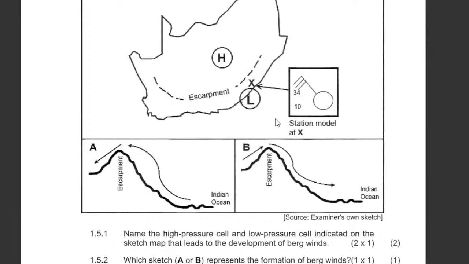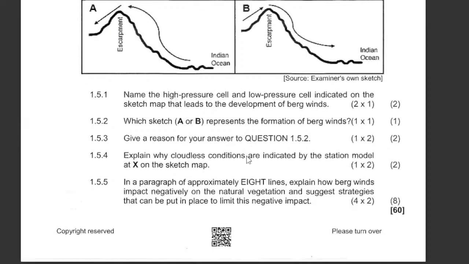This one is at the coast, this one is in the interior, and it is a high pressure. Therefore, the high pressure is the continental high, and the low pressure is the coastal low.